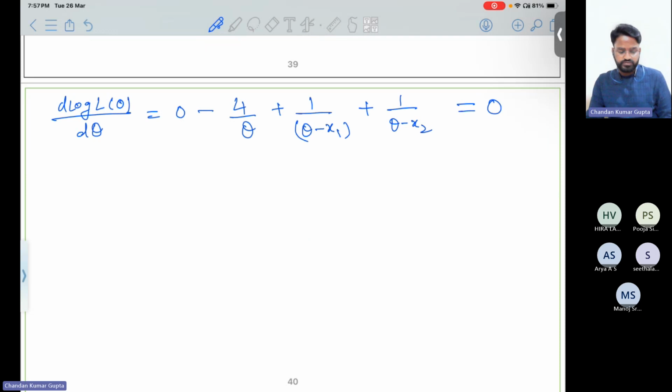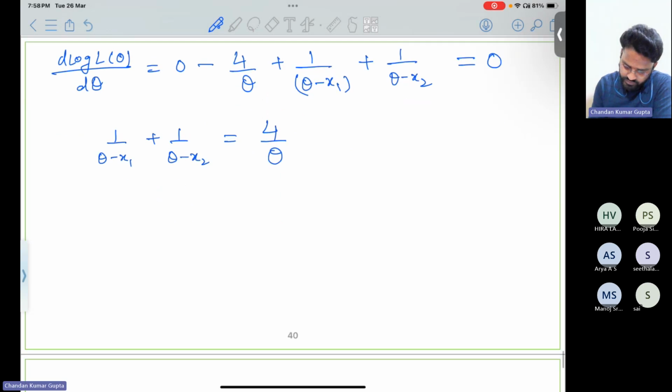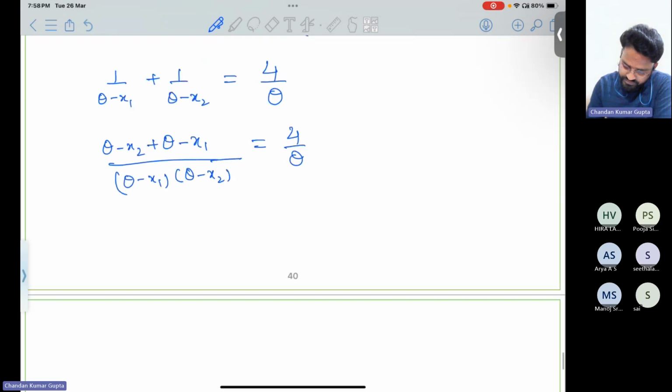Now our aim is to find the value of theta. So from here, 1 upon theta minus x1 plus 1 upon theta minus x2 equals 4 upon theta. So it is like theta minus x2 plus theta minus x1, over theta minus x1 times theta minus x2, equal to 4 upon theta.